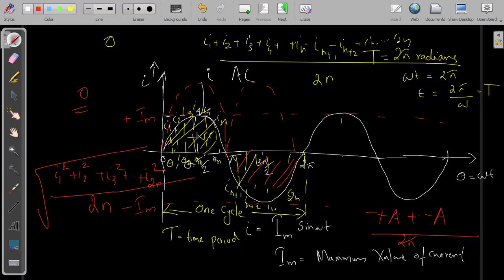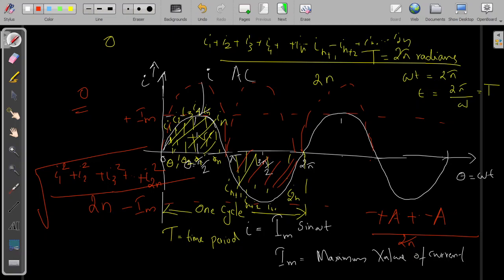If you square this whole waveform, then positive remains positive and the negative values also become positive. So the waveform looks like the red colored waveform.